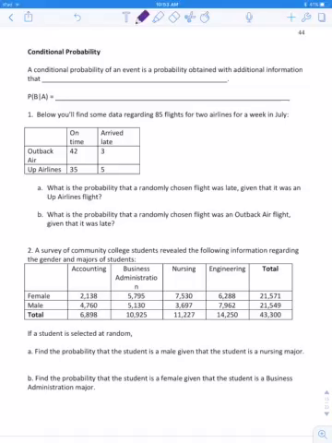We're going to look at conditional probability. A conditional probability of an event is a probability obtained with additional information that another event has already occurred.